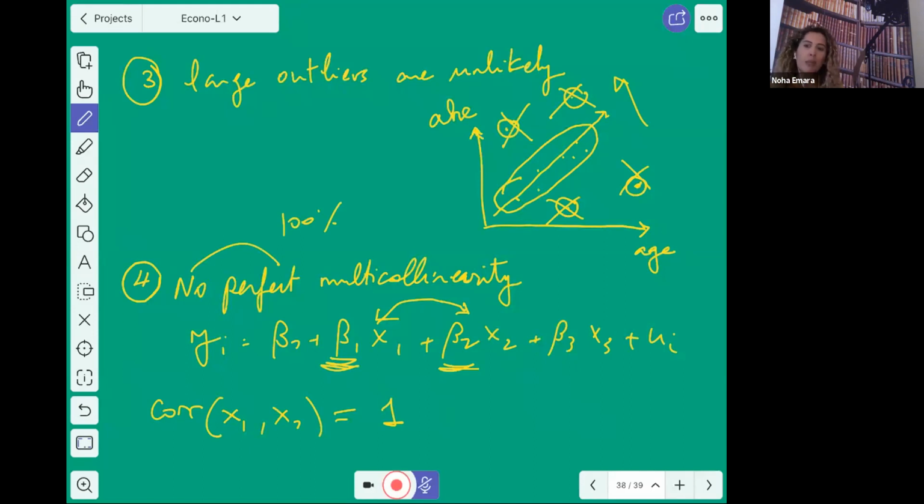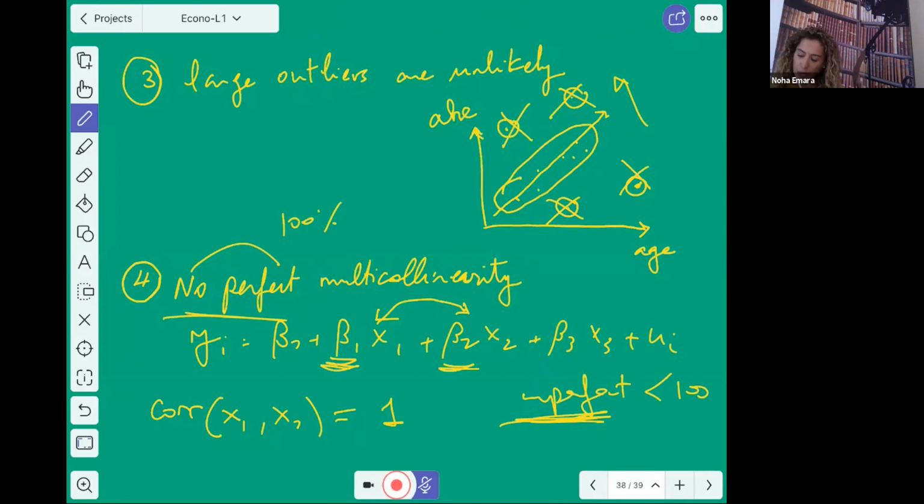We can have imperfect. What is imperfect? Imperfect is anything that is less than 100%. It could be 99%, it could be 98. If I have this imperfect multicollinearity, which we can see in our models, we're going to deal with it. We're going to detect it, find it, estimate it, and overcome it. But our assumption is saying I don't have anything perfect, which is a really bad problem.